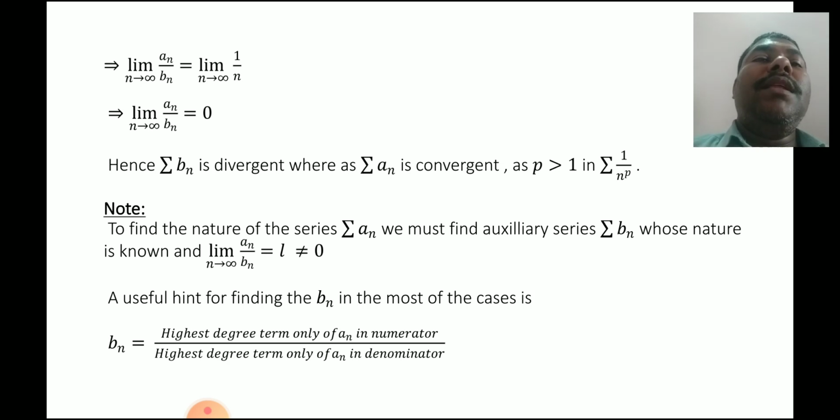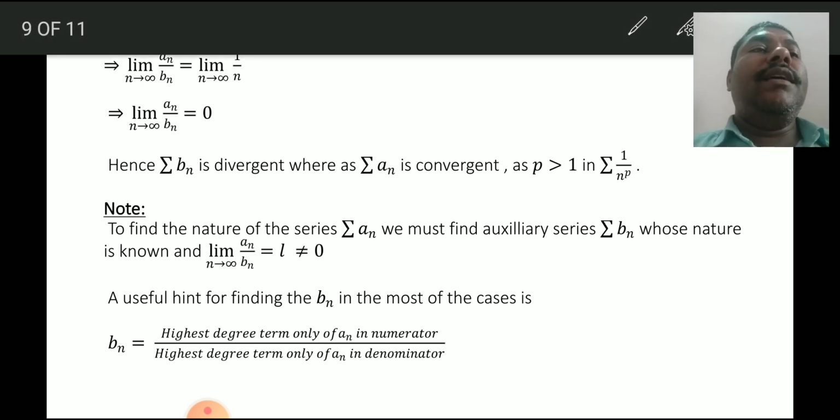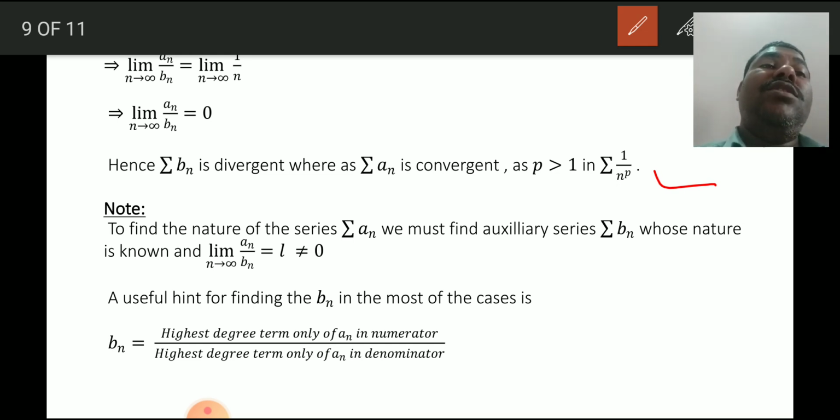Then apply the limit on both sides as n tends to infinity. So we get limit of an by bn as n tends to infinity is equal to 0. So hence summation bn is divergent, whereas summation an is convergent as p greater than 1 in summation 1 by n raised to p.